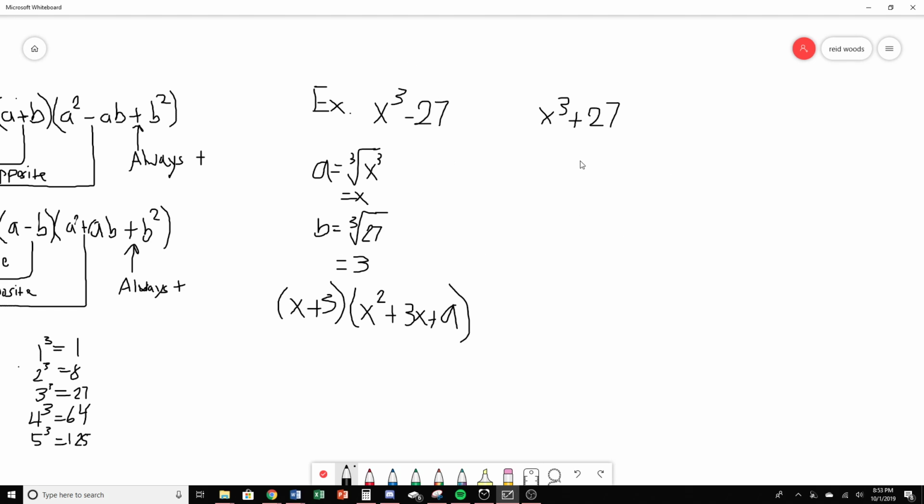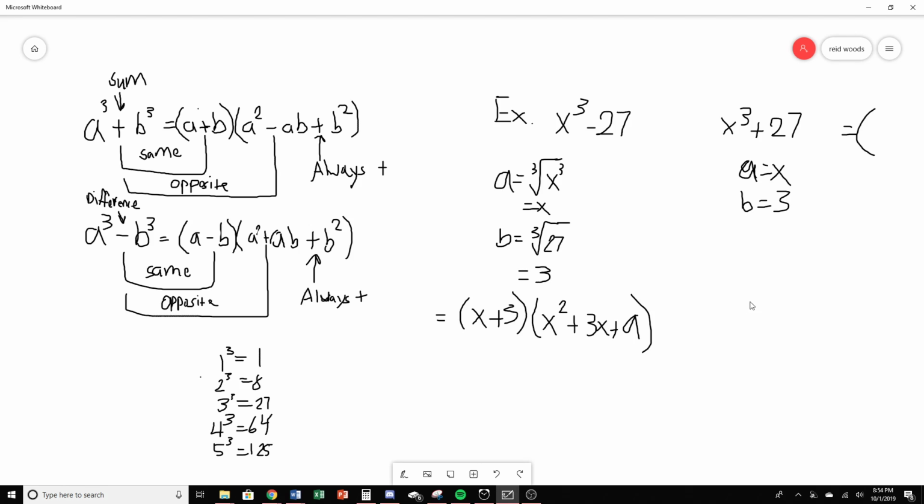Now, we're going to do the exact same thing, and we already know what A and B are in this case. A is equal to x, B is equal to 3. So we're going to write this up. So again, this is our answer for that one. So over here, it's going to be equal to, well, I want a plus b. I use the same sign. So if we go back over here, we're following sum of cubes now.